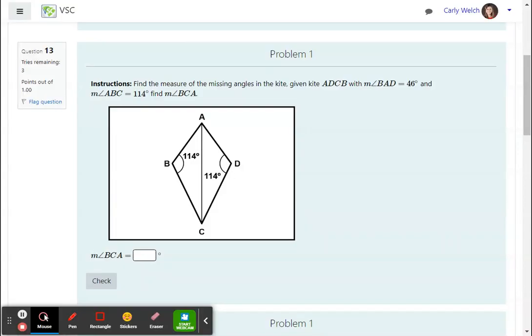So I'm going to take 360, minus 46, minus 114 and 114. And that gives us 86. So we are finding the measure of BCA, which is half of 86. So 86 divided by 2 gives us 43.